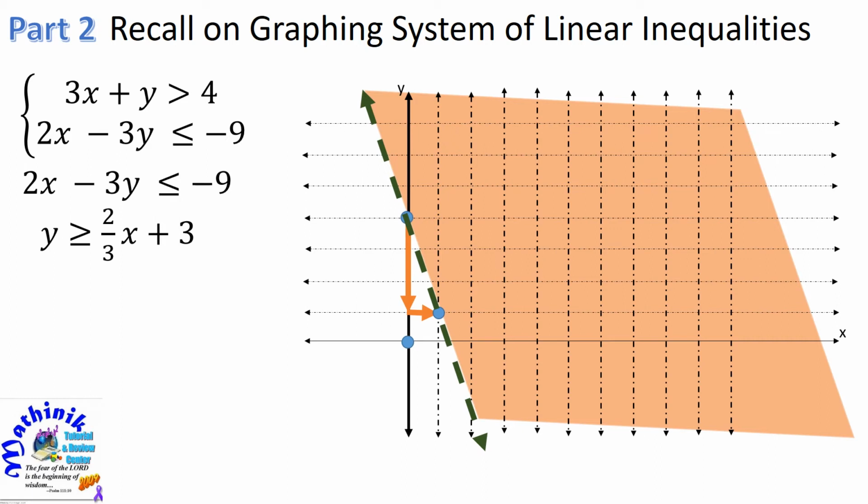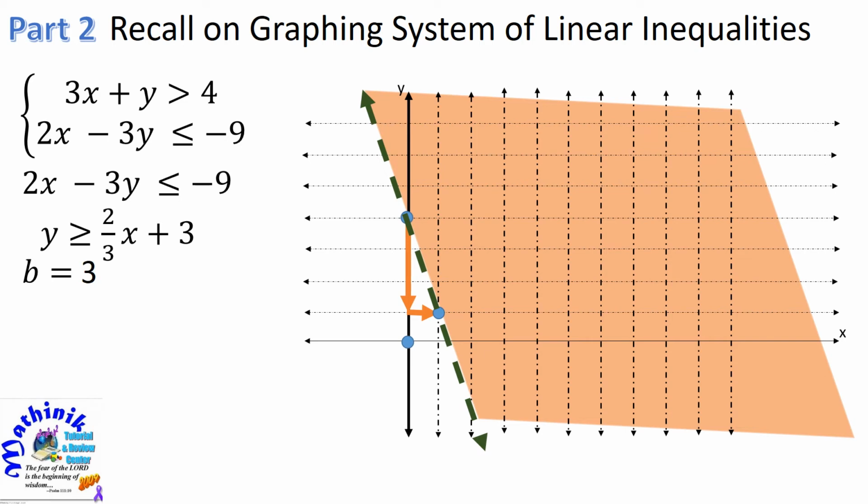Again, we got that by the addition property of inequality, adding 3y to both sides, and then dividing all terms by 3. So that is y is greater than or equal to 2/3 x plus 3.